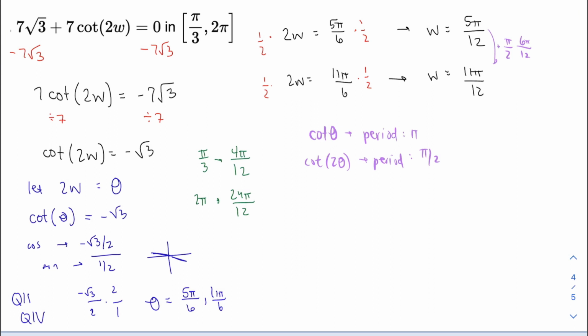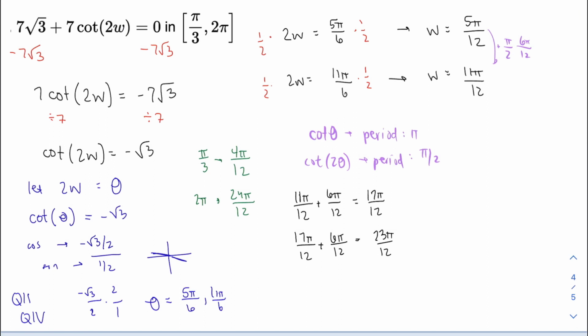It wouldn't make sense to add it to 5 pi over 12 because I already have that one, 11 pi over 12. So we'll take 11 pi over 12 and add it to 6 pi over 12. That will give me 17 pi over 12. And then we'll take 17 pi over 12 and add it to 6 pi over 12, which will give me 23 pi over 12, which is just one less than 24 pi over 12.